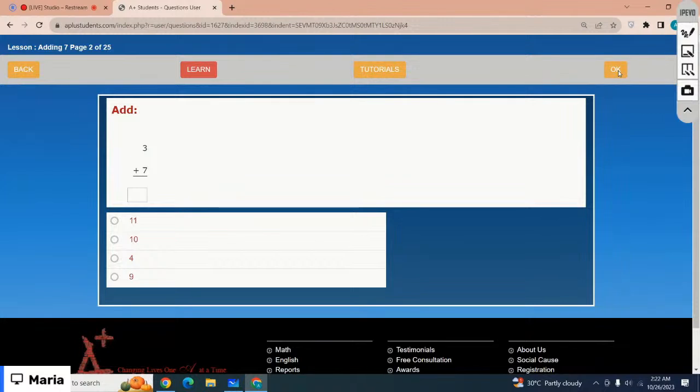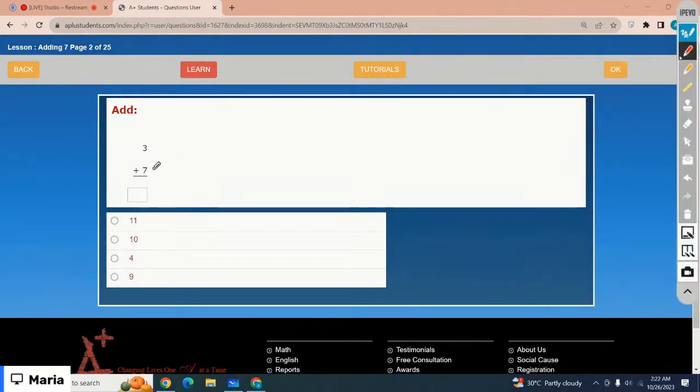Seven plus 3, which is the correct option? Start with 7 and 7, 8, 9, 10.